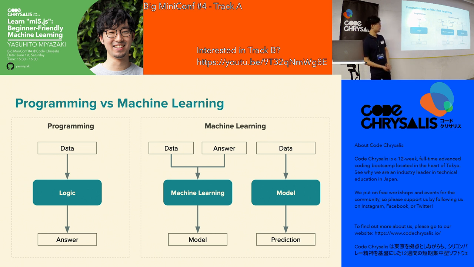For example, if you put in a cat image and the answer is cat, it will remember what a cat is like. After that, the model is created. If you put in another cat image, it can predict it's a cat. So this is basically the fundamental difference between traditional programming and machine learning.